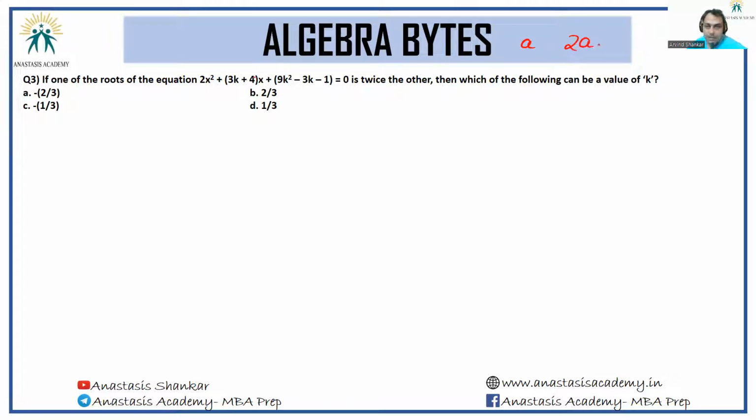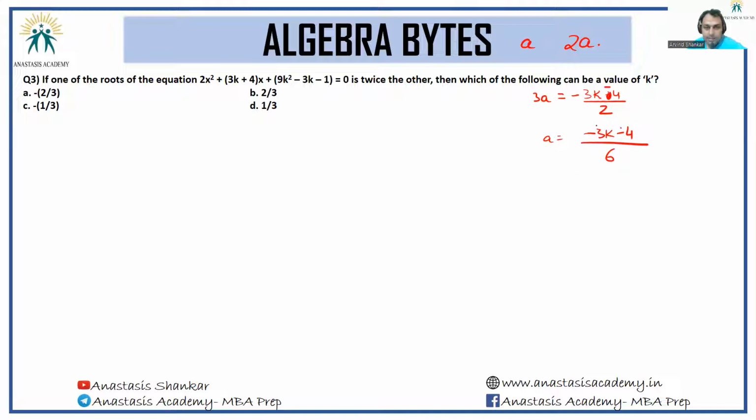So what we have is sum of roots 3a is equal to 3 minus 3k plus 4 by 2, or a is equal to minus 3k minus 4 by 6.